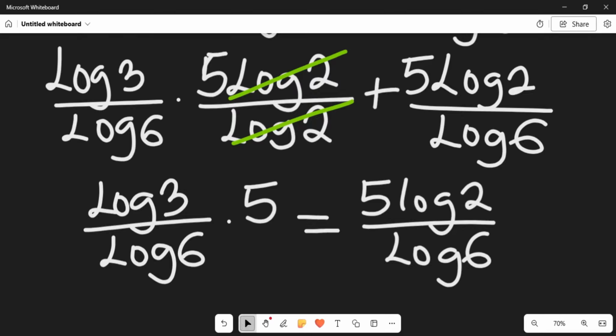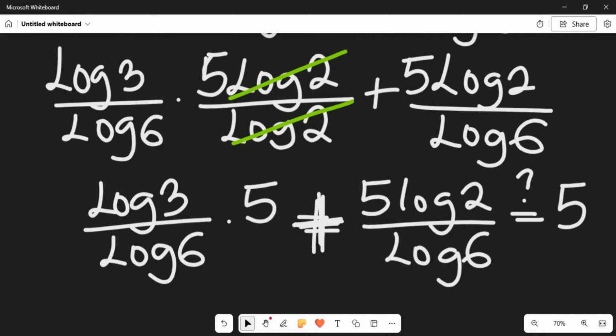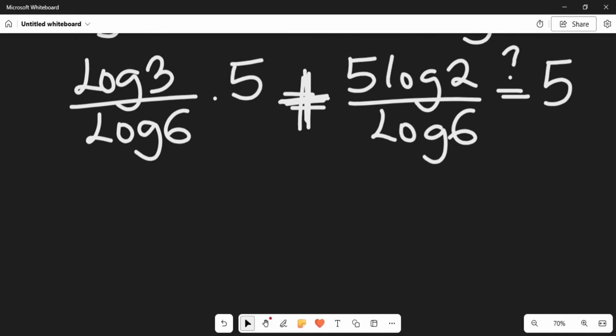So how do we break this down? Remember, this whole expression, can they be equal to 5, which is the value at the right hand side? So how do we break this down in order to give us that value? Now see that 5 is common on both sides, so we can bring out 5.